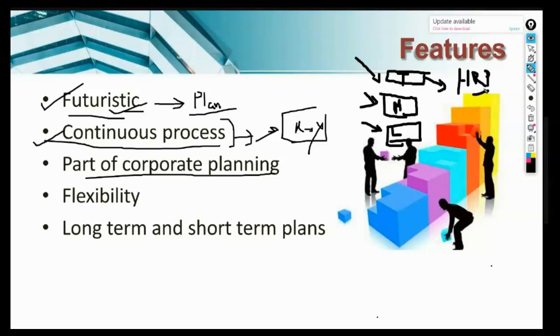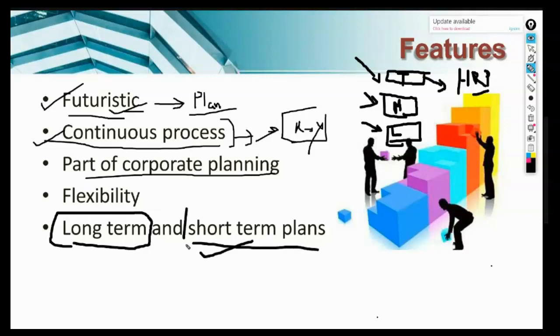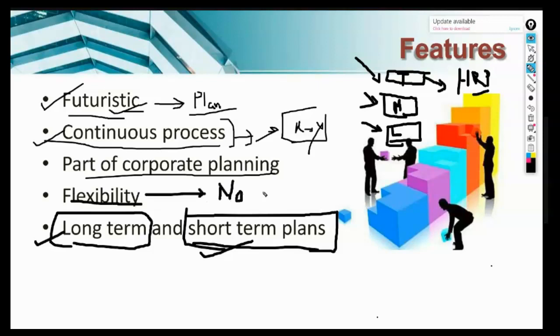That's very important. And then the next point is that we have both kinds of HRP. It could be a long term plan, or it could be a short term plan as well. We'll be talking about both in just a couple of minutes. The short term plan is also there, the long term plan is also there, but there should be flexibility. There should be no rigidity. Very simple.